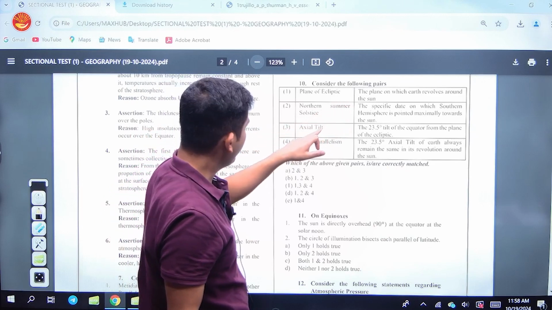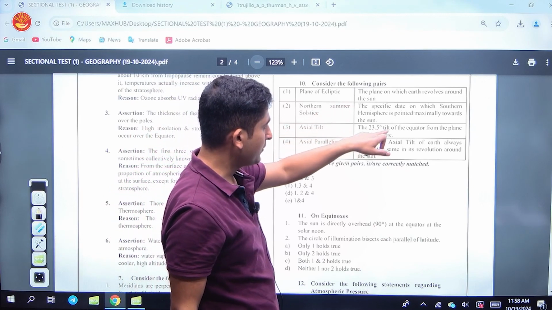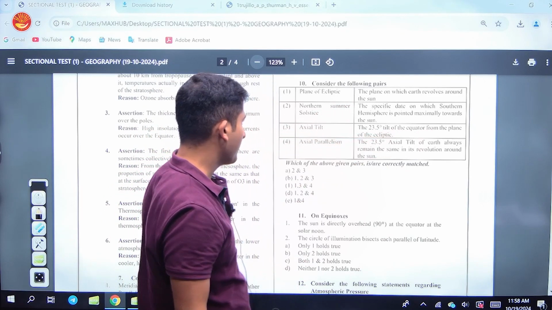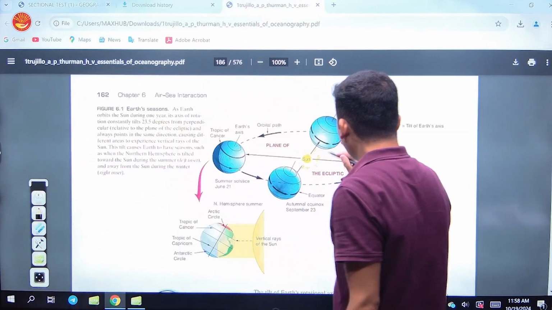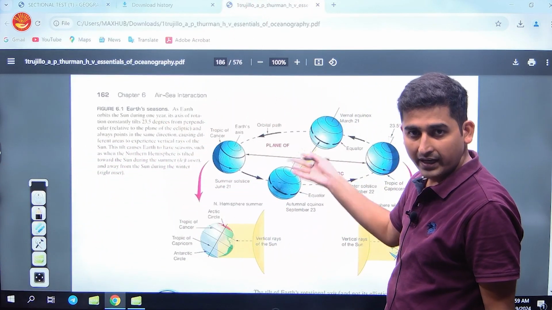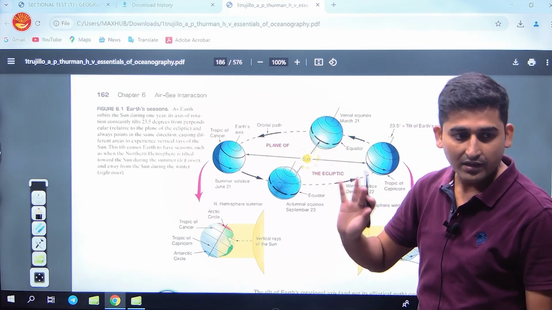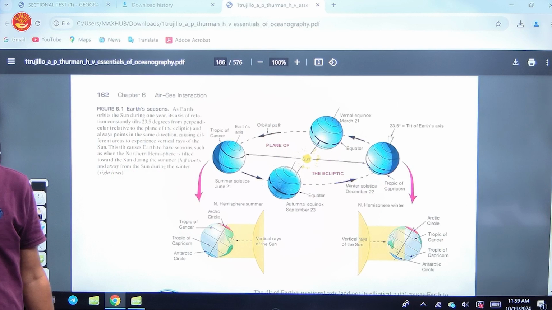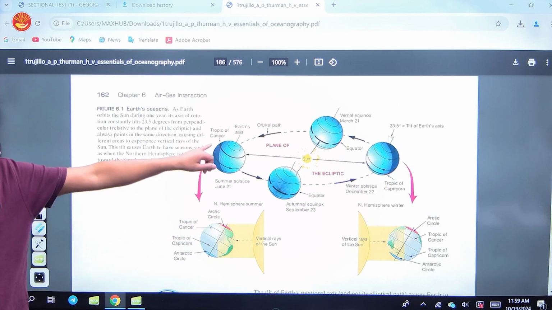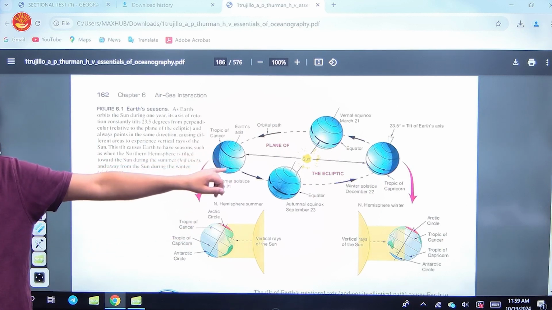This is wrong. Okay, axial tilt, the 23.5 degree tilt of the equator from the plane of the ecliptic. इक्वेटर की नहीं है, एक्सिस की भाई, अर्थ की एक्सिस की है. Axial tilt is defined in terms of the perpendicular to the plane of ecliptic, उसमें एक वर्ड मिस है, परपेंडिकुलर टू द प्लेन ऑफ इक्लिप्टिक कर लेना.